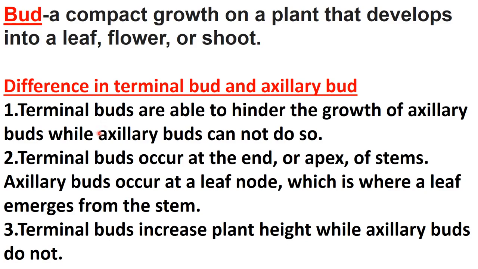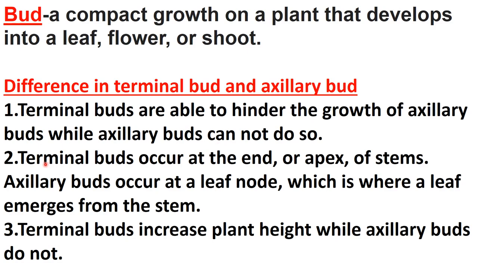And these buds can inhibit the growth of axillary buds, because axillary buds are present on the axils of leaves. So sometimes what happens, when the terminal part of the stem is growing, it inhibits the growth of axillary buds, but axillary buds cannot do so.